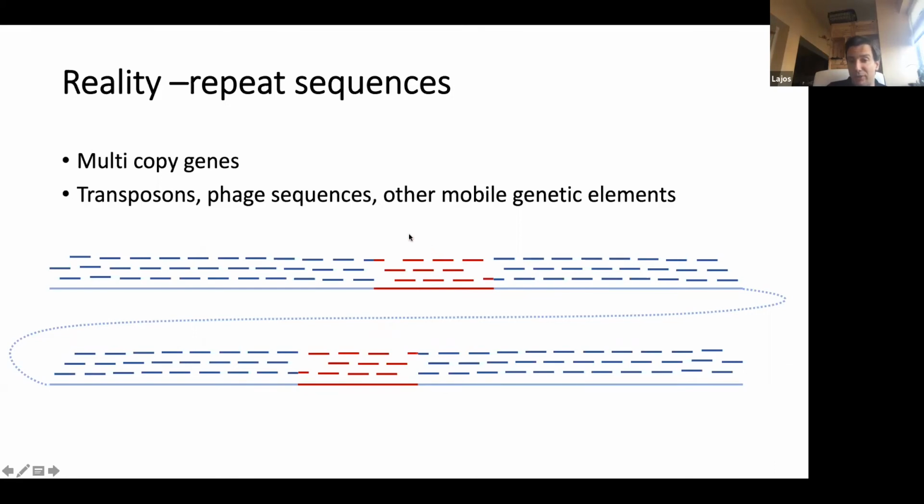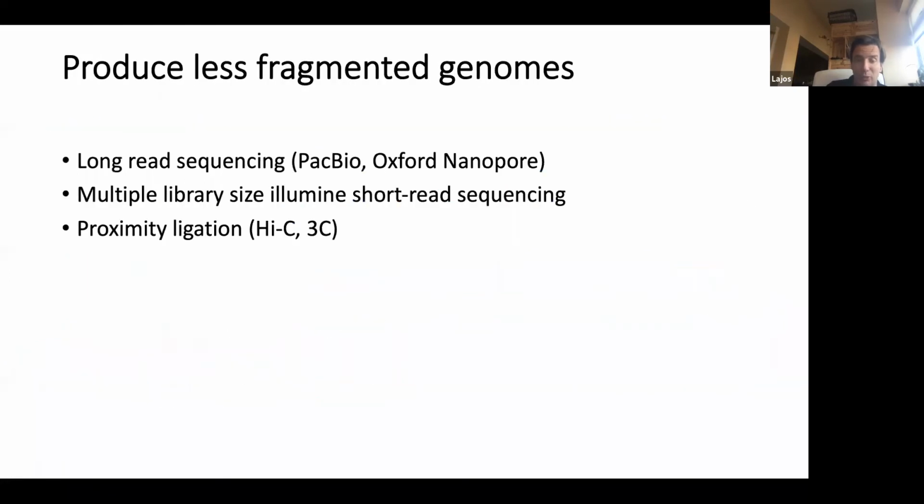If you have a read pair, where one of them is this one and the other one is this one, then you can give a hint to the assembler how to bridge this gap and what is actually the next contig after this one and this one here. So that's also working.